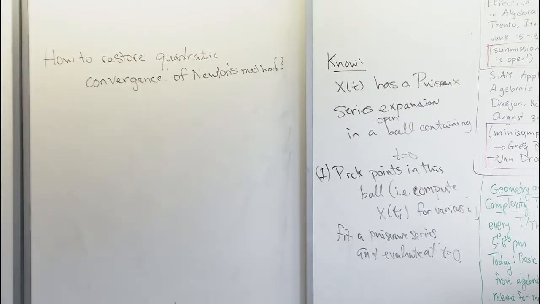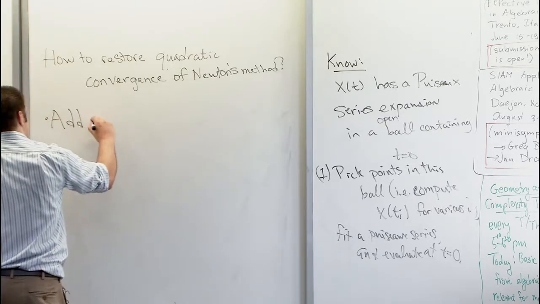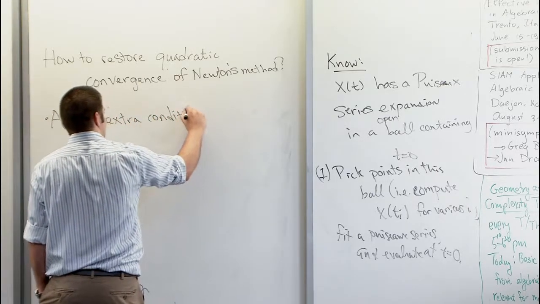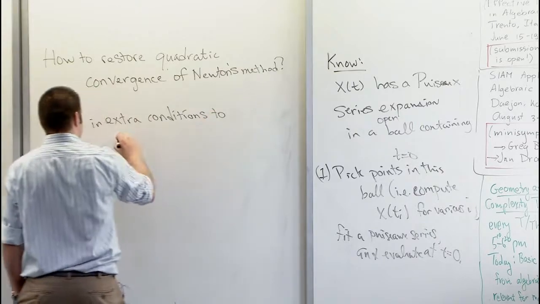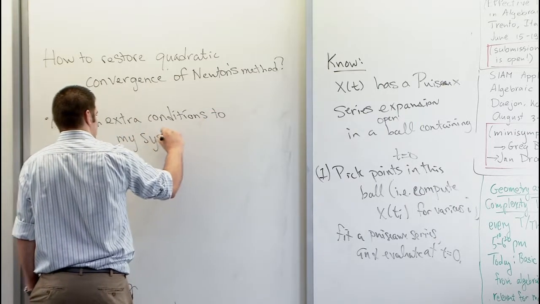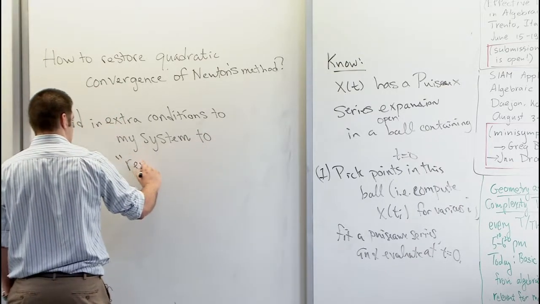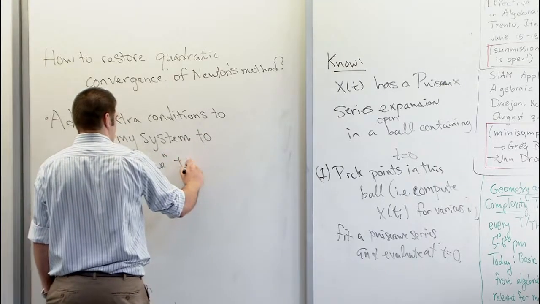So the idea is my Jacobian is rank deficient. There's extra conditions that are going wrong there. So if I add in extra conditions to my system to remove the singularity.